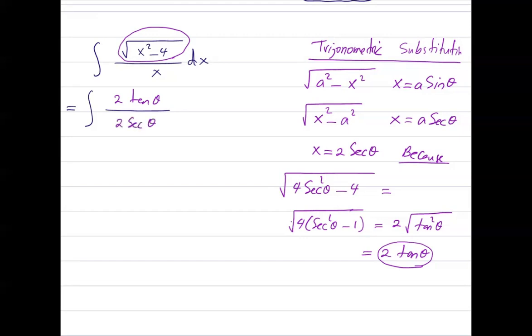What about dx? When you're calculating the derivative of secant, the derivative of secant is 1 over cosine. You can basically apply the quotient rule, and you're going to see that this is equal to 2 secant theta tangent theta d theta.